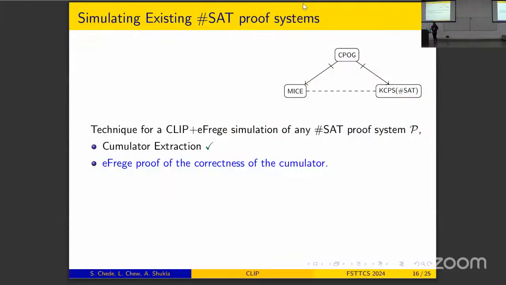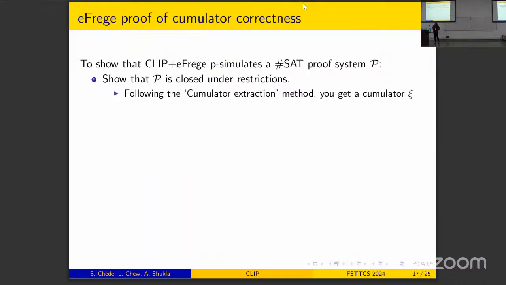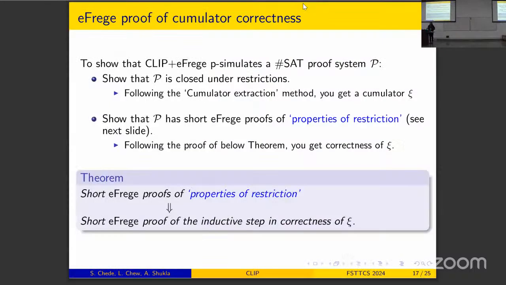Now, this is correct. How do we prove this? First of all, the circuit is the one you just extracted, right? Only in this method you have a proof. So that proof is we actually formalize the properties of restrictions, right?